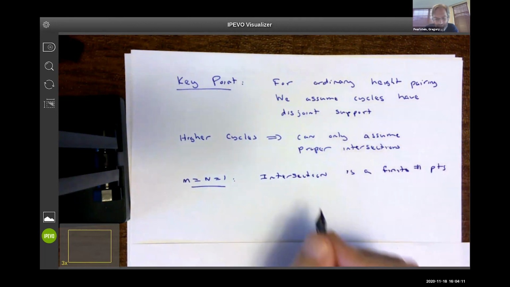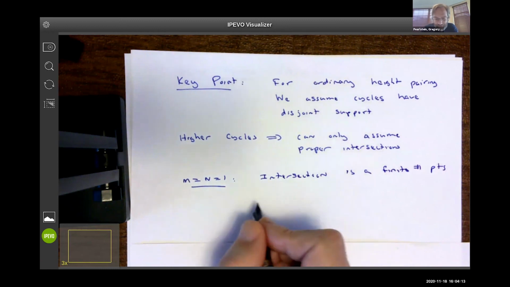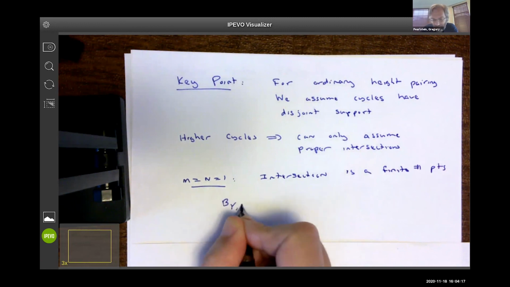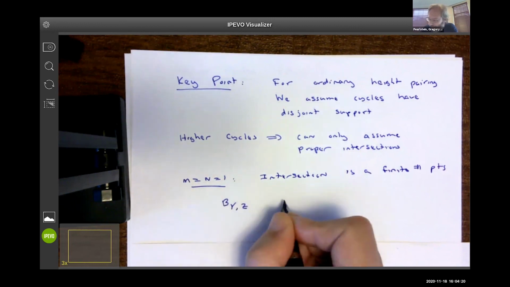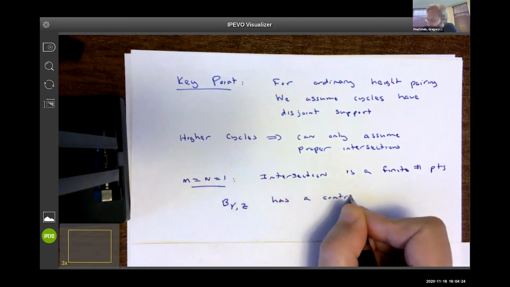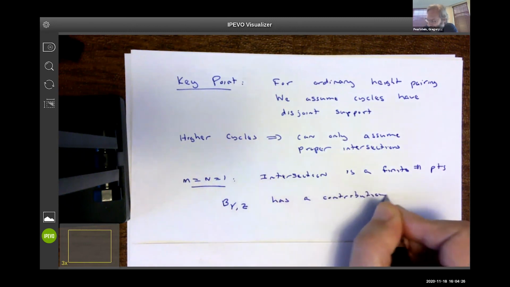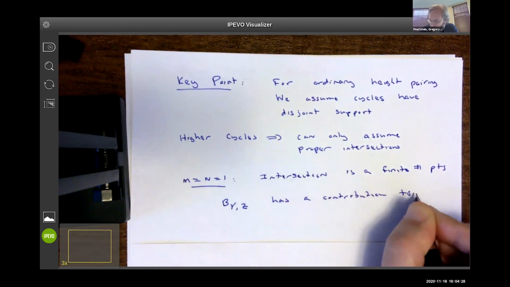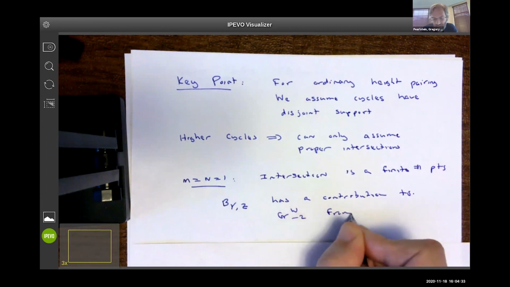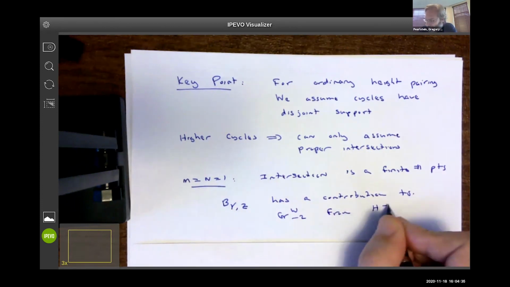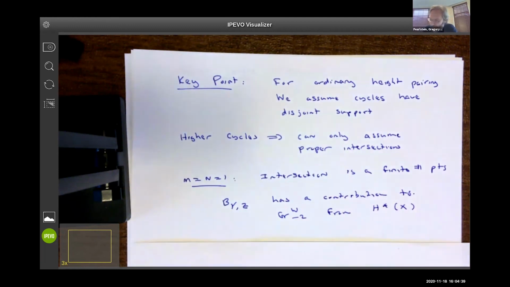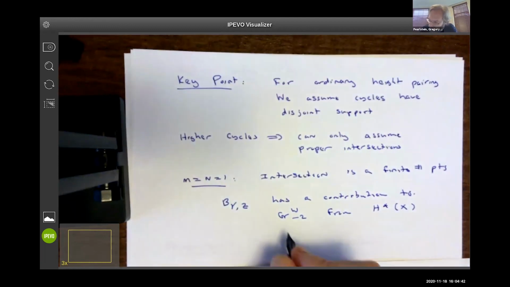And so in this case, this B(Y, Z) has a contribution to Gr^W_{-2} from the cohomology of X in the right degree and this finite set of points.